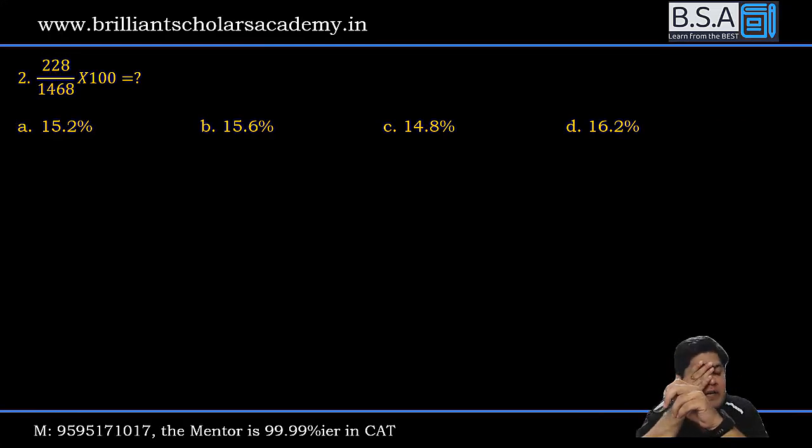Think from perspective of answer options as well. A lot of people will start cancelling. It's a multiple of 2, cancel, multiple of 2, cancel. Don't do this.